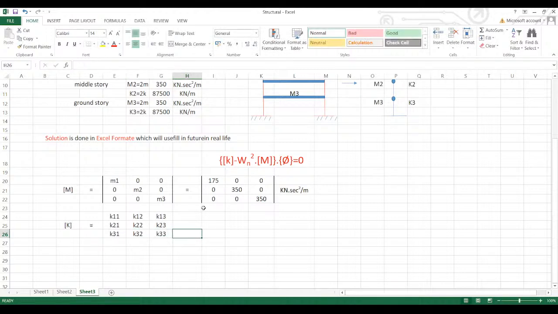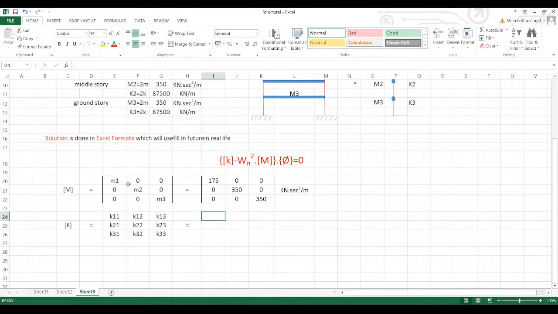This is our stiffness matrix, where we write K11, K12 like this.